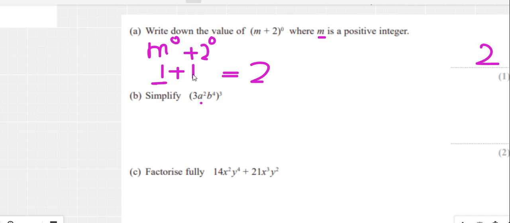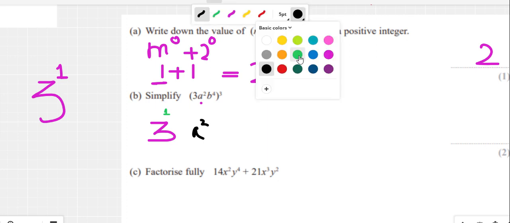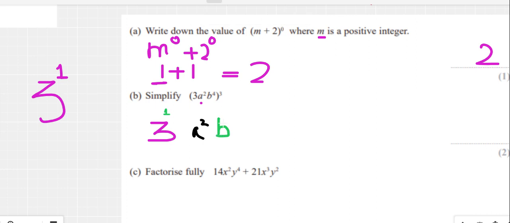When any number is just simply written here, it means that it has a power 1. So we will write here 3, power is 1, so I'm writing 1 on top of it. Wait, let me use a different color for it. So it's 1, and then times by, I will use here black color, a power 2, then b power 4, and then bracket close.